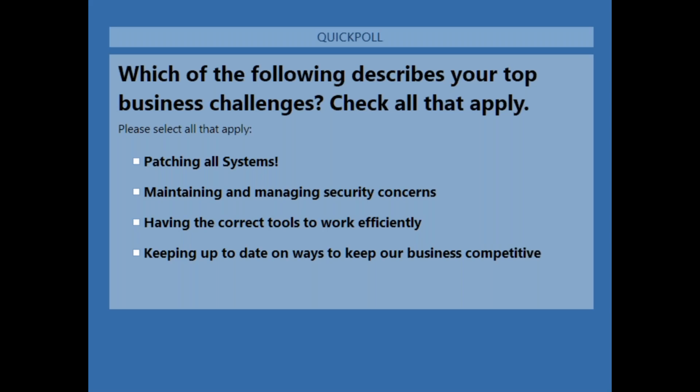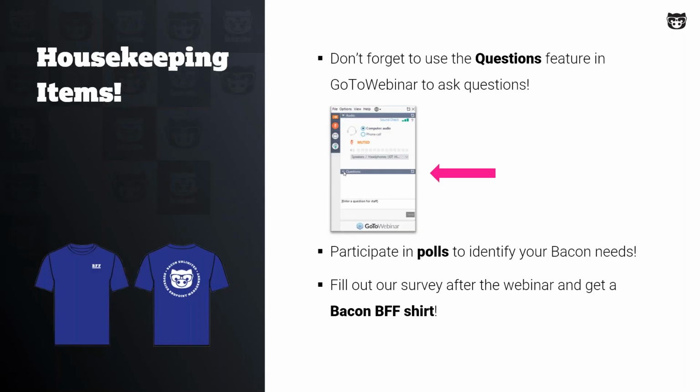Fifty percent of people said patching, 60% maintaining and managing security concerns, and 69% just having the correct tools, which is exactly the pain point that I went through 5 years ago, along with my staff at my other consulting company, that made us decide we wanted to build this tool. So, pretty good spread, but having the correct tools was number one, with maintaining and managing security concerns second, and patching third.